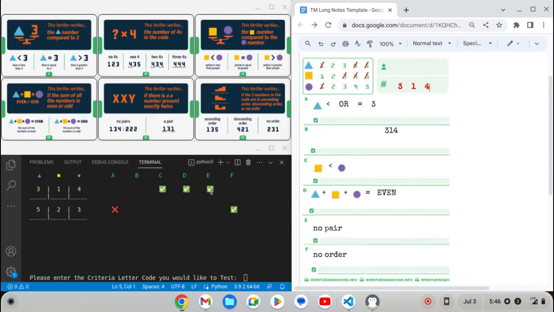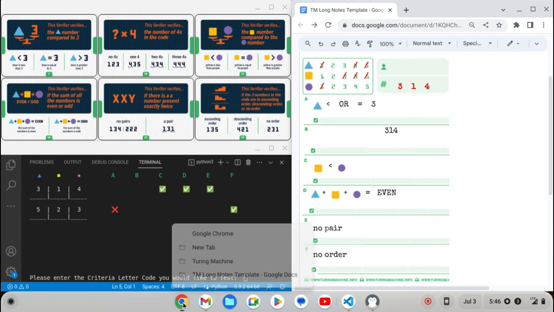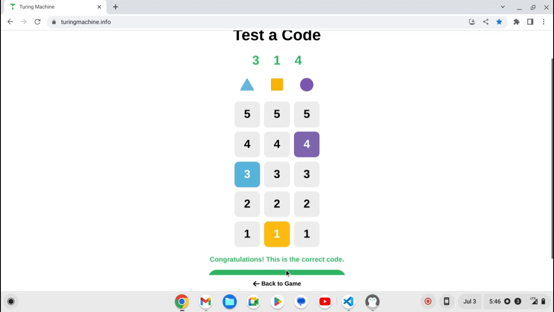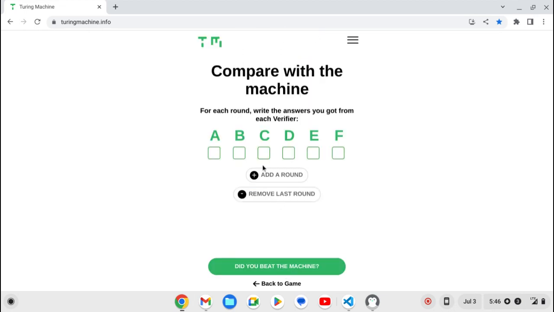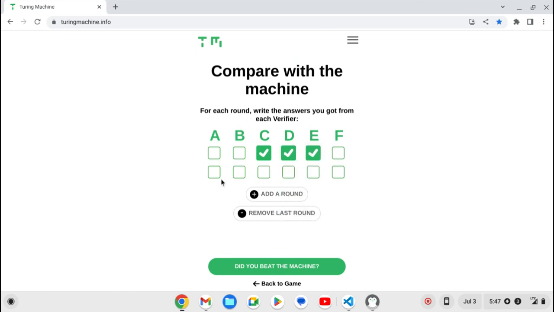We did C, D, E, we skipped B, and A was the only incorrect one. So C, D, E, and then A, F. So let's go verify. Or let's go check the Turing machine. So C, D, E were all correct. A was incorrect. Skip B, and we tested F.